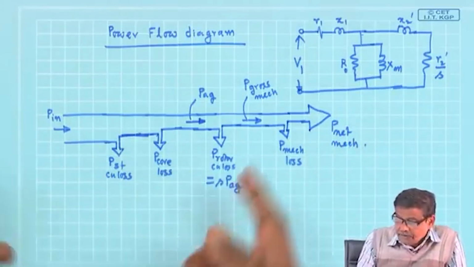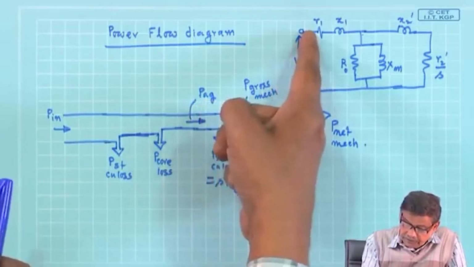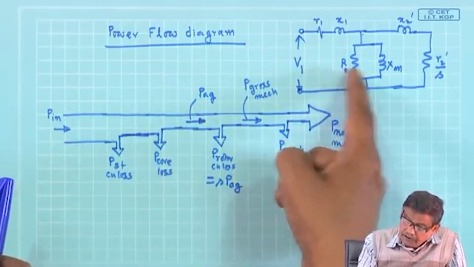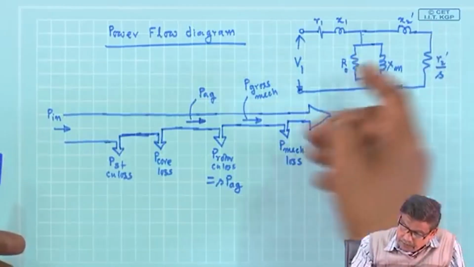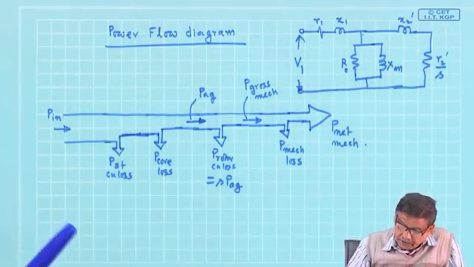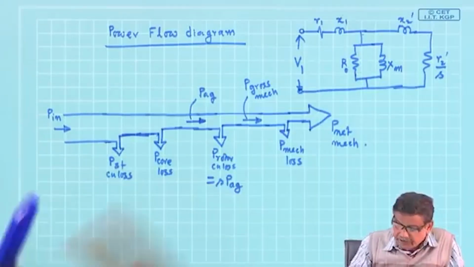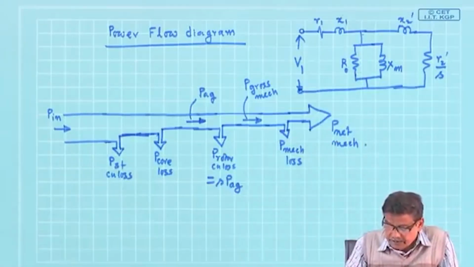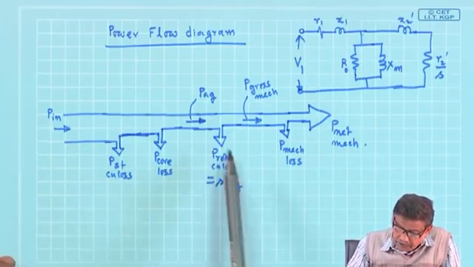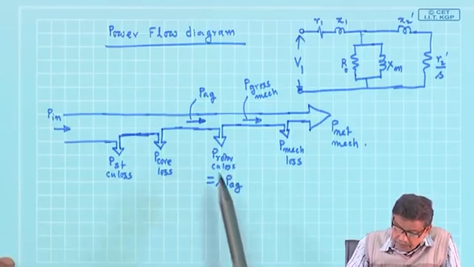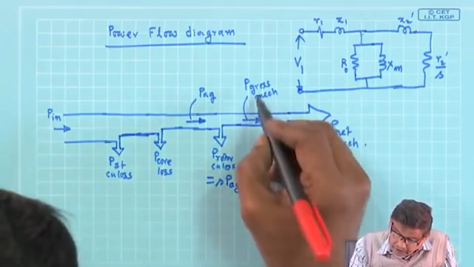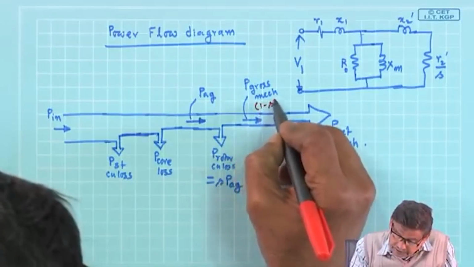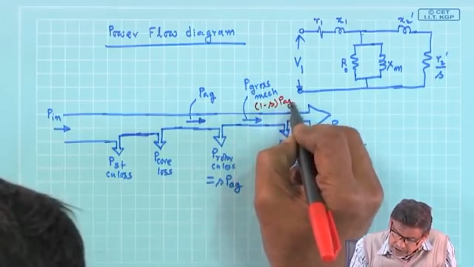Input power, subtract stator copper loss and core loss component, then the remaining power enters the rotor; the air gap power crosses the air gap as if and enters the rotor. From that you subtract the rotor copper loss, which happens to be S times PAG, and the mechanical power is 1 minus S into PAG. We have done this several times.